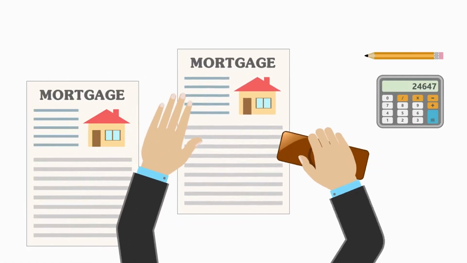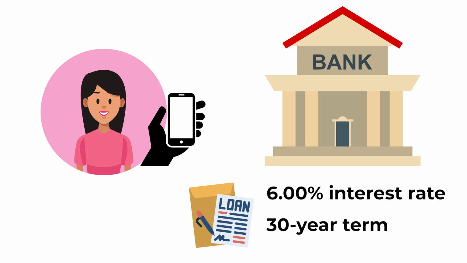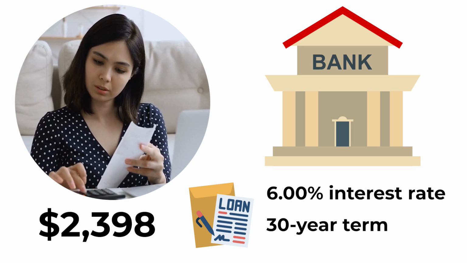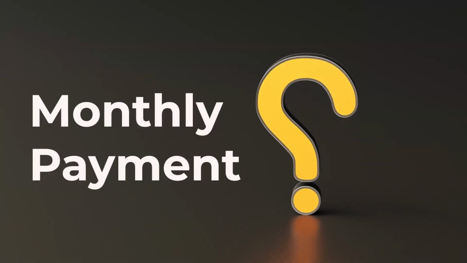Jane applies and is approved for a $400,000 loan amount. Once again, the loan will have an interest rate of 6% and a term of 30 years. This means that Jane is looking at a monthly payment amount of $2,398.